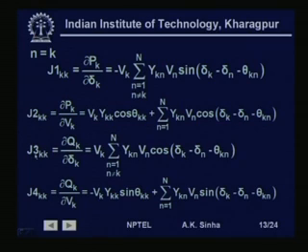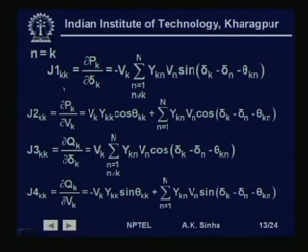Similarly, for J3, the diagonal terms will be given by del q k by del delta k, this is equal to V k summation n equal to 1 to capital N, where n is not equal to k, Y k n V n cos(delta k minus delta n minus theta k n), and the diagonal terms for J4 submatrix is del q k by del V k, which is given by minus V k Y k k sin theta k k plus summation n equal to 1 to N Y k n V n sin(delta k minus delta n minus theta k n).